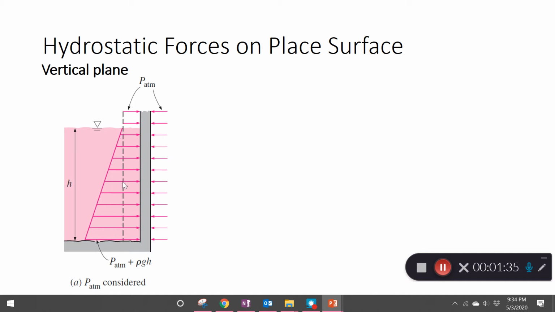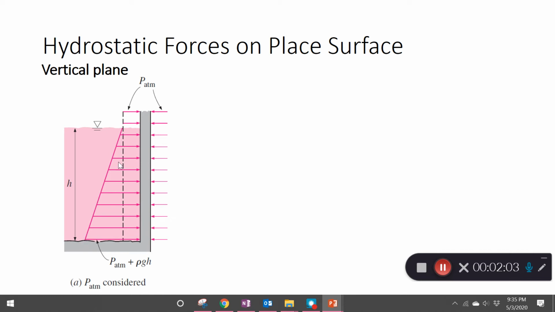The difference between the top and the bottom is that the rho gh value is different as you go down this fluid body. Of course, rho gh is higher at the bottom. That is the reason why you have this triangular profile. Also recall your statics. If the load is not evenly distributed, you'll have this profile. It's higher at the bottom.